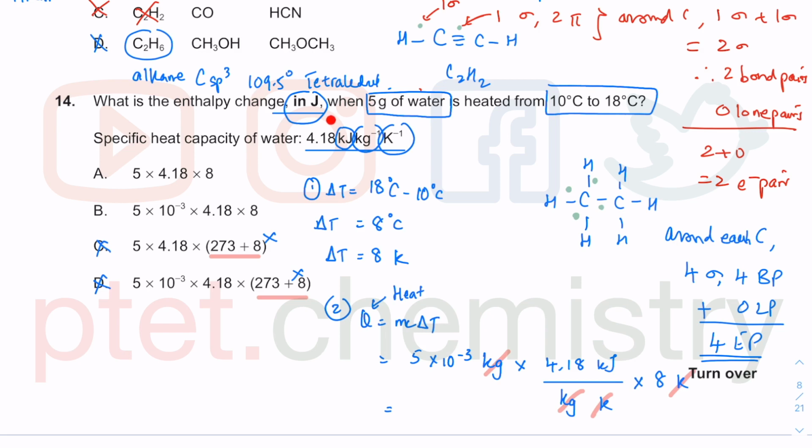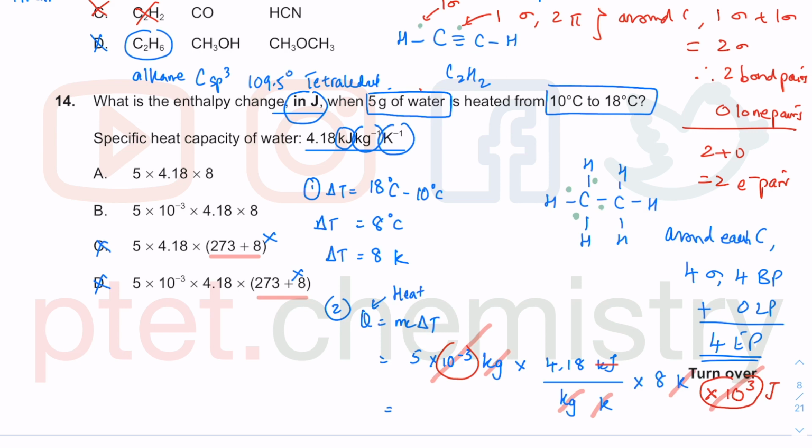So realistically speaking, I need to multiply the whole thing by 1,000 to convert the kilojoule into joule. And once I've done that, the 10 to the minus 3 and 10 to the power of 3 will cancel out. And once they cancel out, I'll be left with 5 times 4.18 times 8.